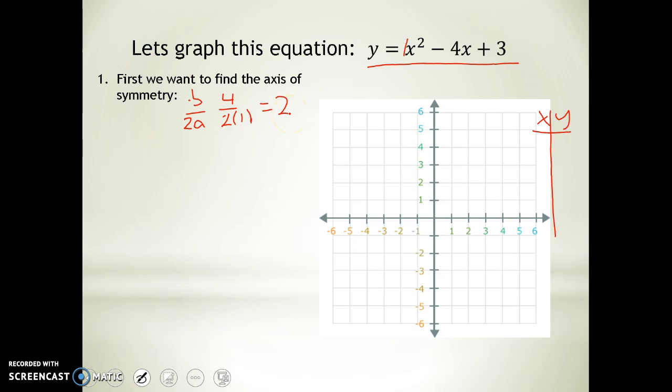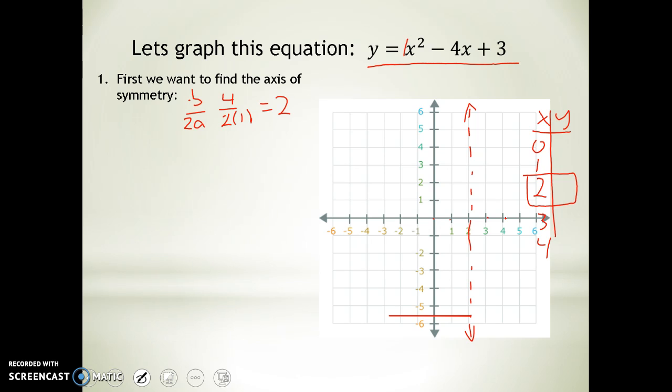So my axis of symmetry is going to be at x equals 2. Somewhere along this line is my axis of symmetry. If I'm going to make a table of values, my center point is going to be 2, which means I can plug in other x values like 1 and 0 and 3 and 4, because those are all located around the axis of symmetry.